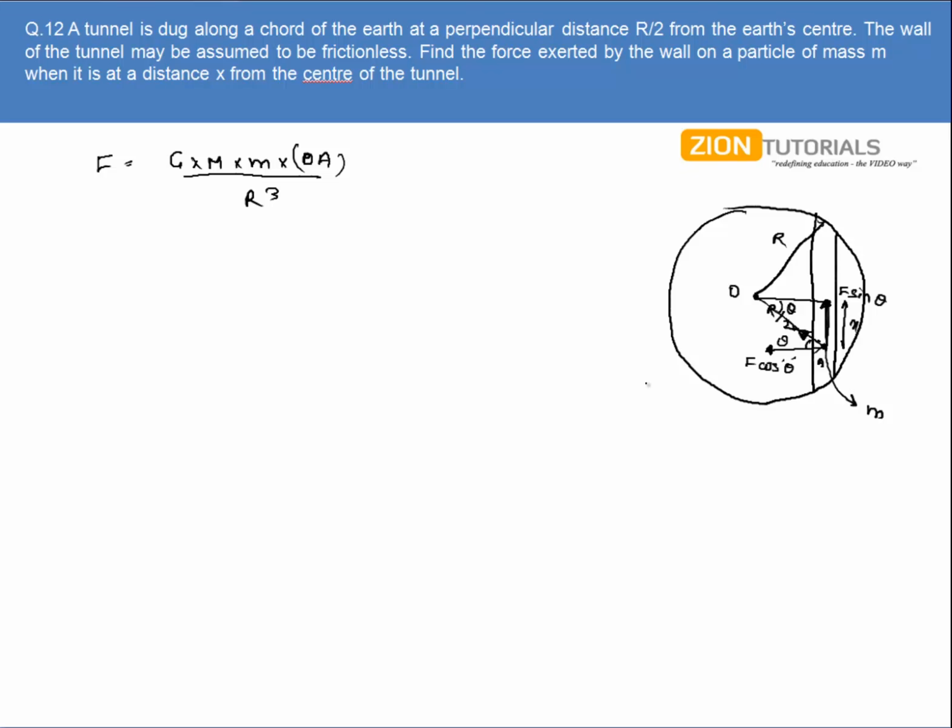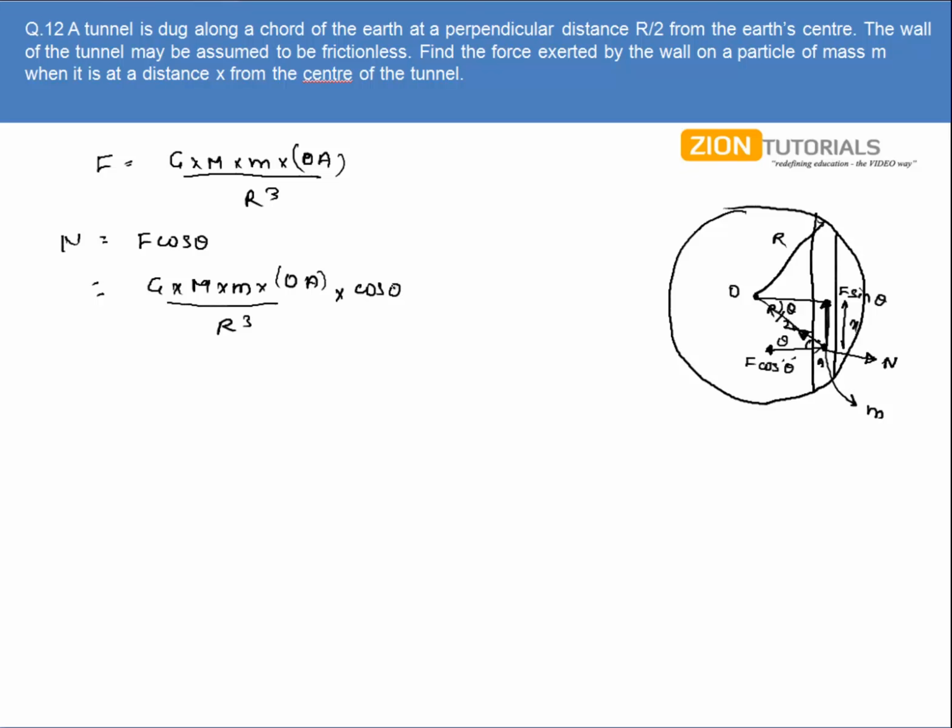The force exerted by the wall will be a normal force, in equal and opposite direction, in this direction. So the normal force will be equal to F cos theta. The value of F is G M m into OA divided by r cube, into cos theta.